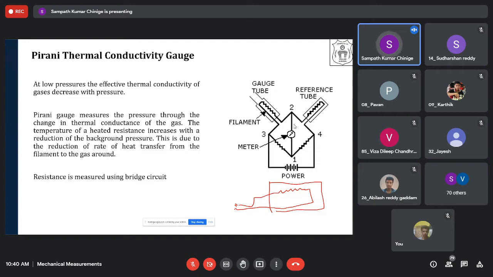Now, because the gas inside is at a very low pressure, at low pressures, the thermal conductivity of the gas is lower. So that means whatever heat is generated because of the current passing through this filament will not be conducted or convected quickly into the gas. As the pressure is low, the convection of the heat is lower.